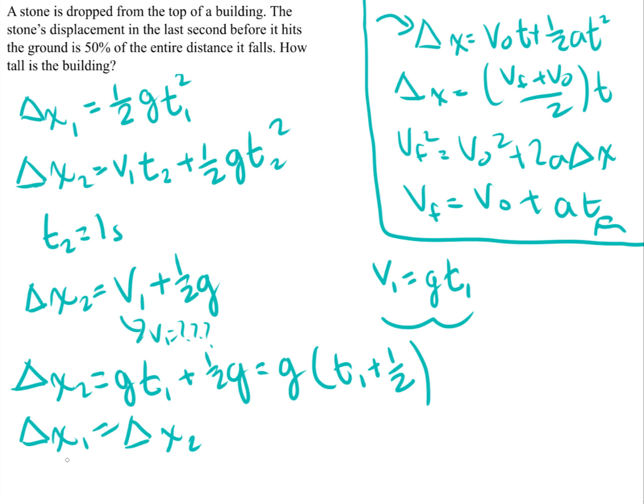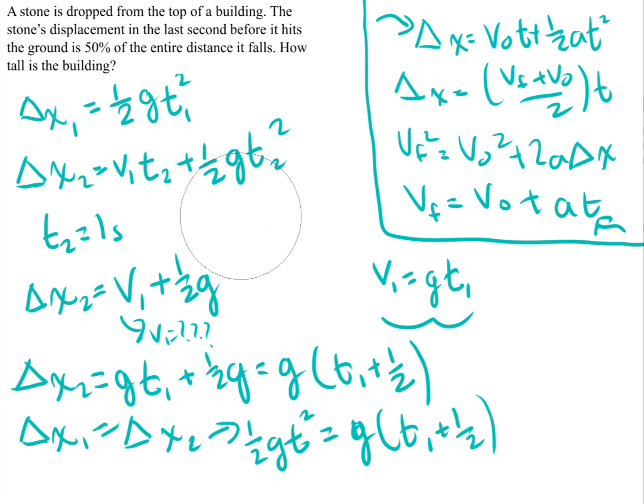So delta x1, the first part, must be equal to the other 50% of the distance. So we can substitute our values in. Delta x1 becomes 1/2 g t1 squared, and that is equal to delta x2, which is g times (t1 plus 1/2).